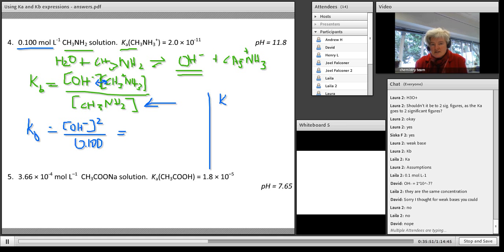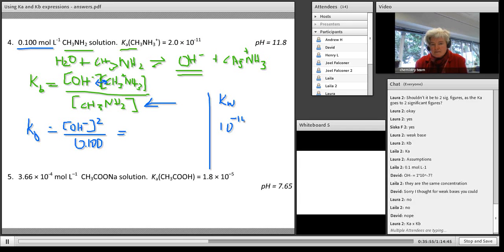The clue is Kw, which is 10 to the minus 14. Okay, so Kw is equal to Ka times Kb. So if I wanted the Kb, then the Kb is going to be 10 to the minus 14 divided by the Ka.